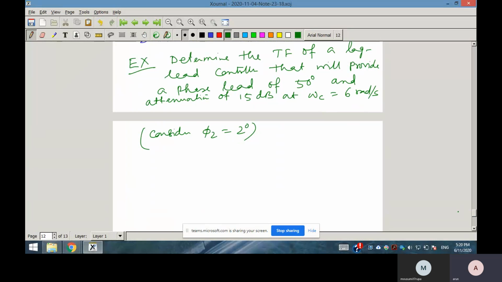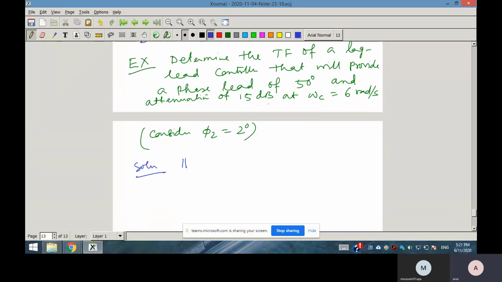We'll be studying all these things in the next class, but now we'll solve only this lag lead controller, and here how much phase lead is needed is given, and how much attenuation has to be given is also given. But in an actual problem, this will not be given. We have to find, depending on our requirement, how much phase lead and how much attenuation is required. So the solution of this problem, for the timing, we will do.